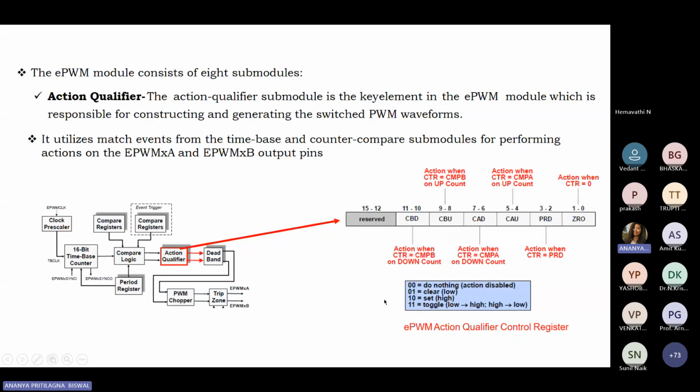These are the codes used for CCS programming while doing the coding in Code Composer Studio for interfacing this C2000. We generally use the digital codes. So 00 represents do nothing, 01 represents clear or low, and 10 is set, that is high. 11 represents toggle, that is low to high or high to low.